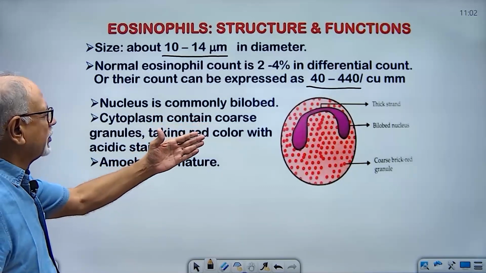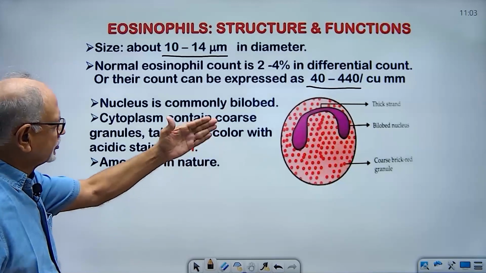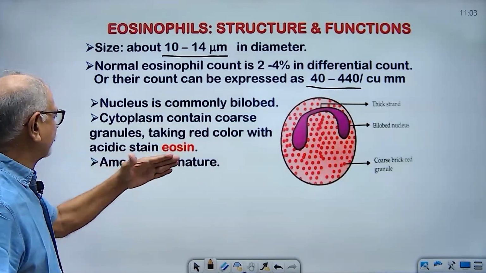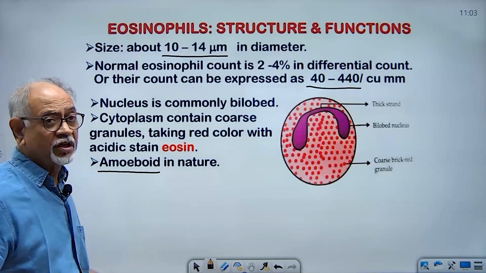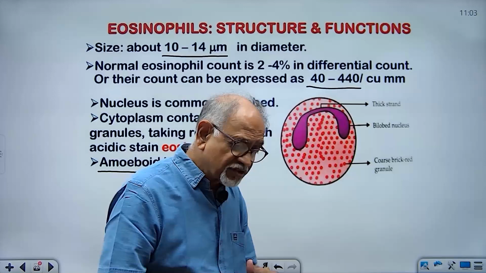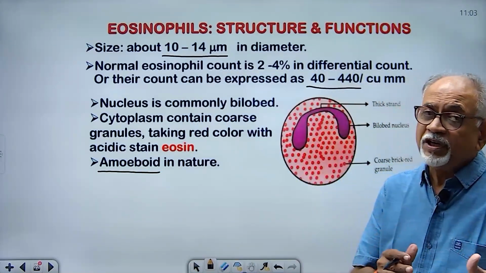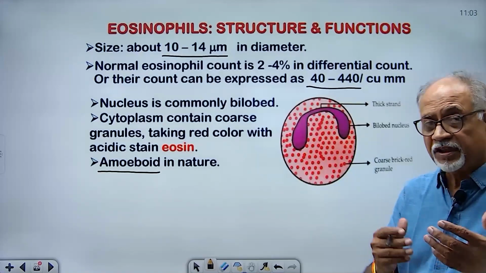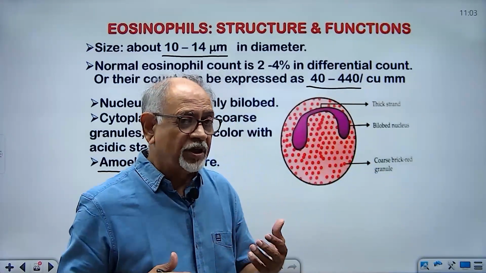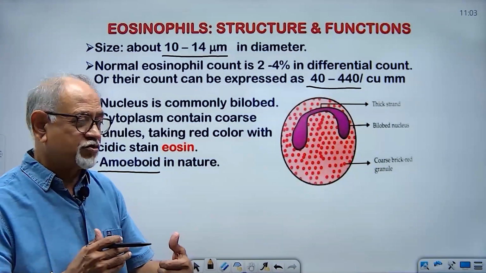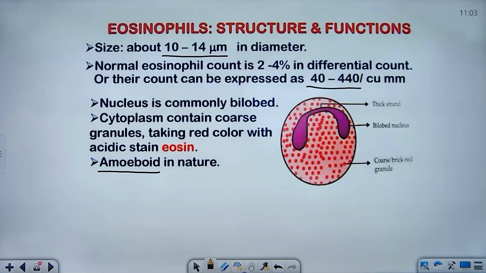Then, importantly, they are amoeboid in nature. As we have seen just now with the neutrophils, by being amoeboid in nature, they form pseudopodia and come out from the blood capillaries into the affected part of the body and perform their function in the defense mechanism. The eosinophils are similar.